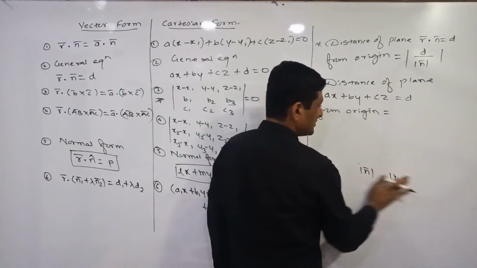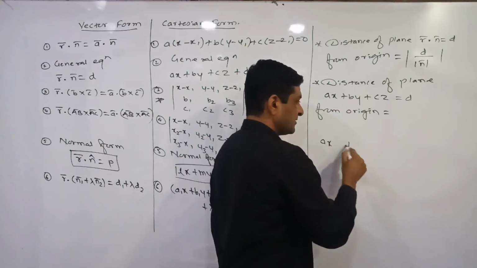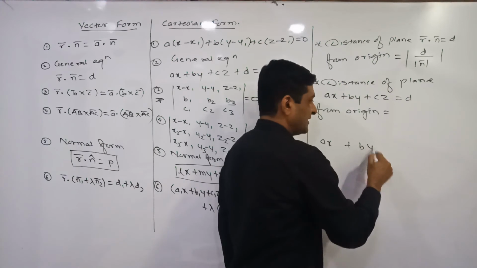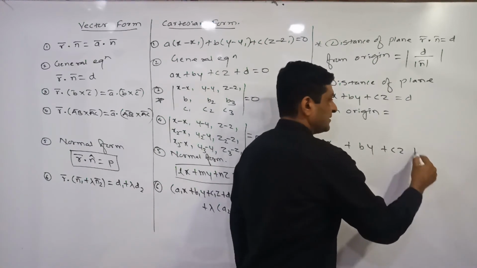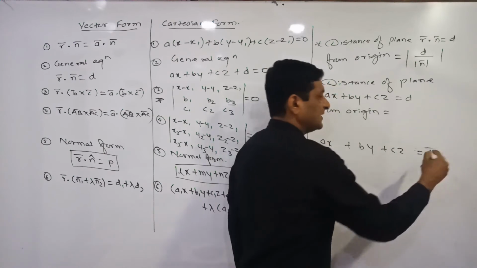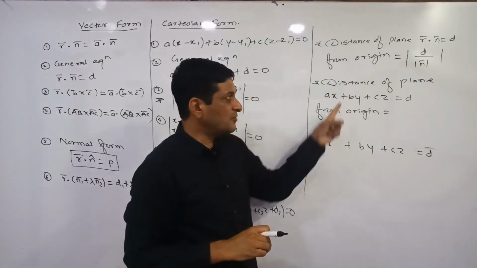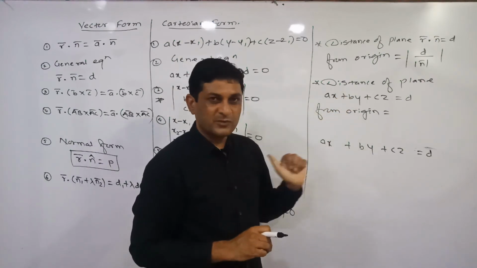Now here the equation is given in Cartesian form, ax plus by plus cz equals d. Okay. Now we are finding a formula to find the distance of this plane from the origin.